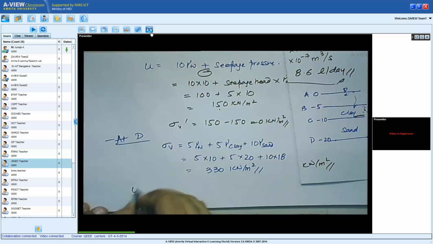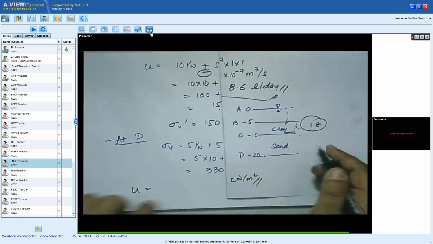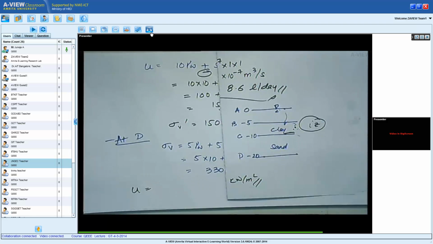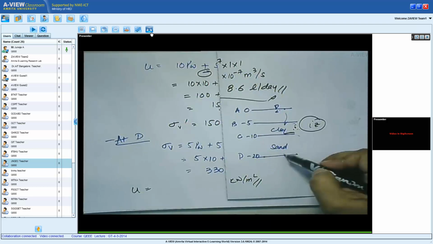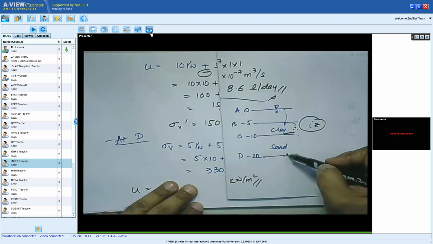What about the pore water pressure? Please look at this carefully. Pore water pressure equals the hydrostatic head at this level. So it's the total weight of water at this level plus the seepage pressure.